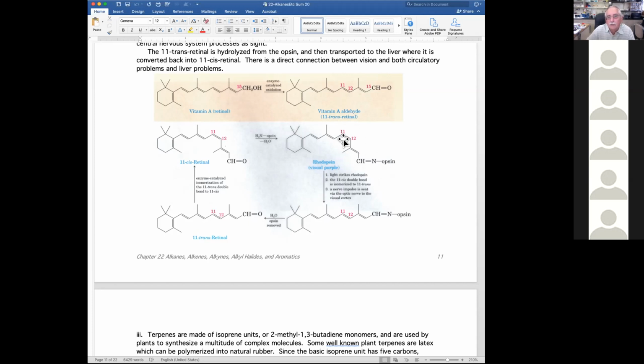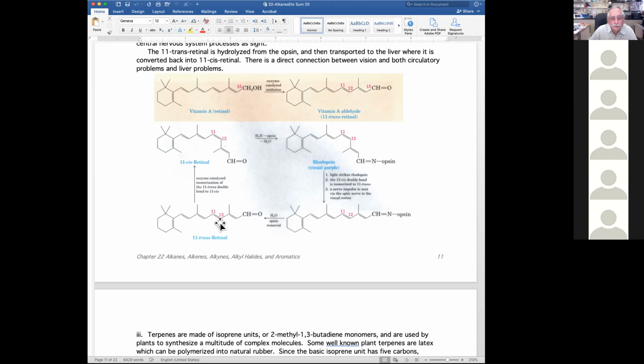So then the 11-cis gets converted into 11-trans. Well, now it's done its job. It really can't do much more. So what you have to do is recycle this to turn it back into the cis again. So it has to be cleaved off of the visual protein opsin, right?